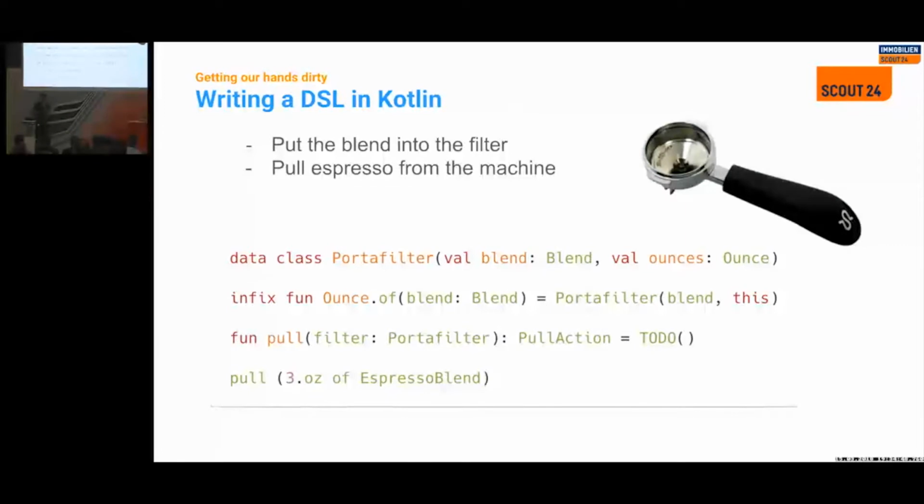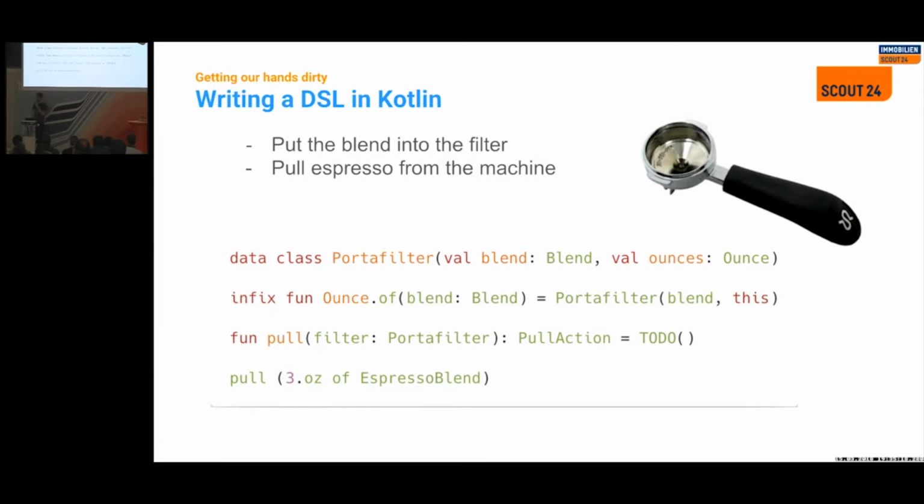As you don't put the espresso just into the machine, we will use a portafilter. This is the curious little thingy up there to the right. You've probably seen that before. This is where you put the coffee blend into, and this is what you hook into the machine and pull the espresso out of. So this will be what our pull function takes as an argument, and it will return an action which represents our ongoing process of pulling the coffee out of the machine.